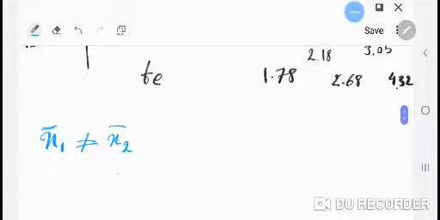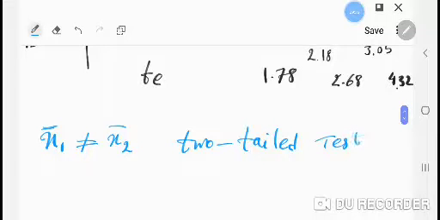Therefore, we would use a two-tail test, because x1 may be greater than x2 or less than x2. This is a two-tail test.